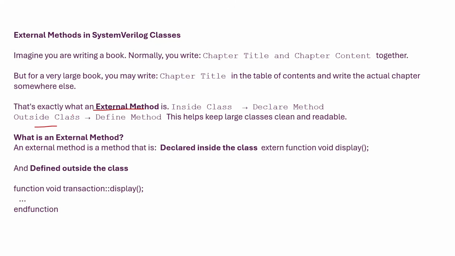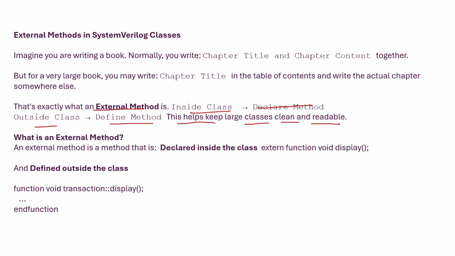What the extern method is exactly saying is that the declaration is done inside the class, and then the method is defined outside the class. This helps you keep large classes clean and readable. Big classes have very large code, and I don't know what is happening there.